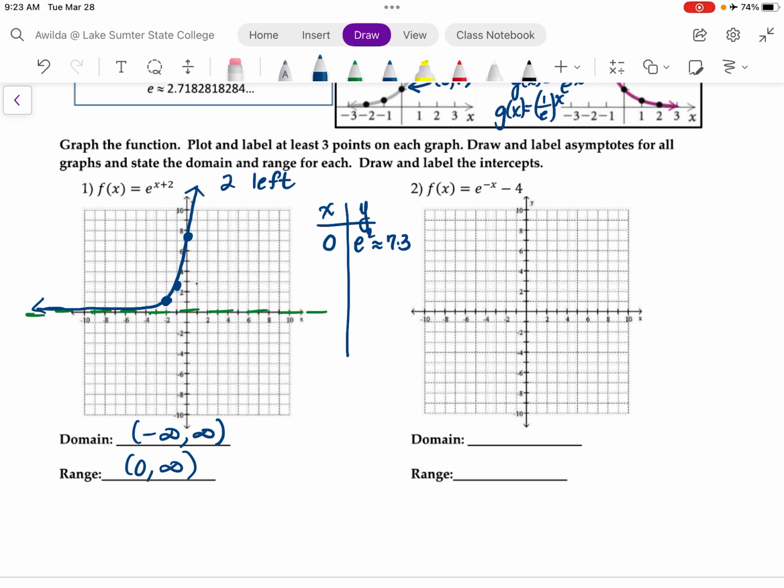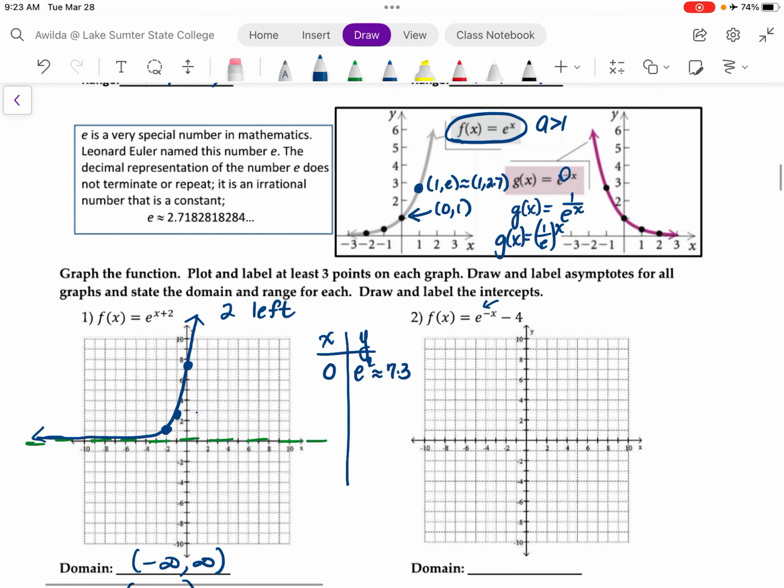Now, the next example will require us to use steps that have to be broken down, because the first thing I notice is that there is a negative x here in the exponent, which means we're back to this second example over here where we have a decreasing graph. Additionally, we see that there is a vertical translation 4 units down.